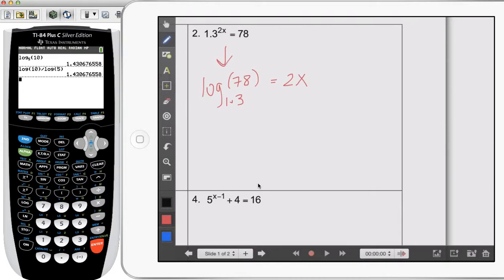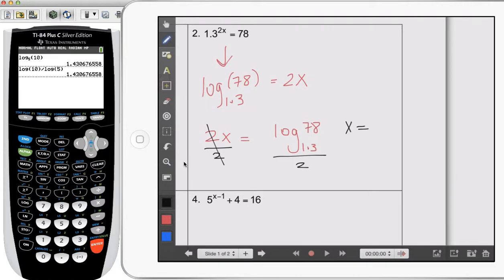Now, I do recommend that you use the calculator as a last step. So as you can see here, 2x is equal to log of 78 base 1.3. But you need x, so you need to get rid of the 2 by dividing both sides by 2. So then x in this case is equal to whatever log of 78 base 1.3 is, divided by 2.